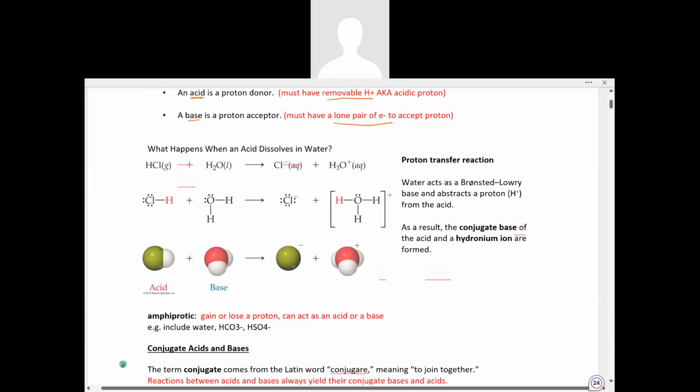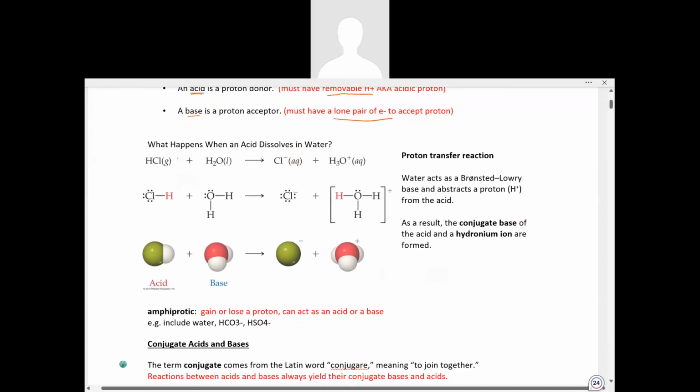So let's take a look here. Let's see what happens when an acid dissolves in water. We have HCl gas, and we're adding liquid water. What we get on this side is aqueous chloride ions and hydronium ions.